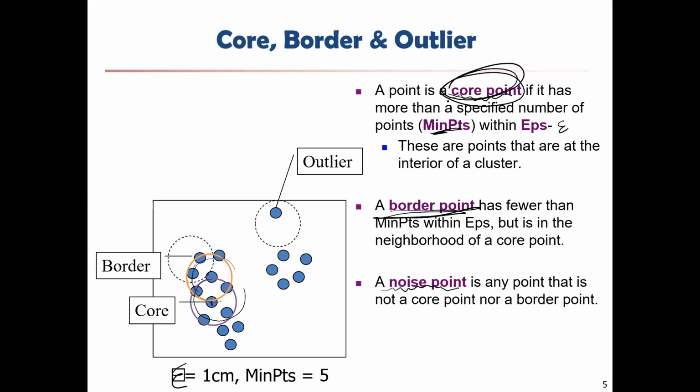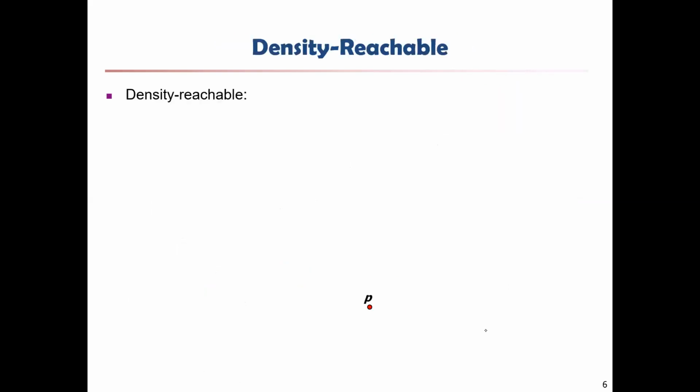Okay, let's move forward. Now let's build our new definition based on the earlier definition. The earlier definition was directly density reachable. But be careful, now I'm talking about something called density reachable.